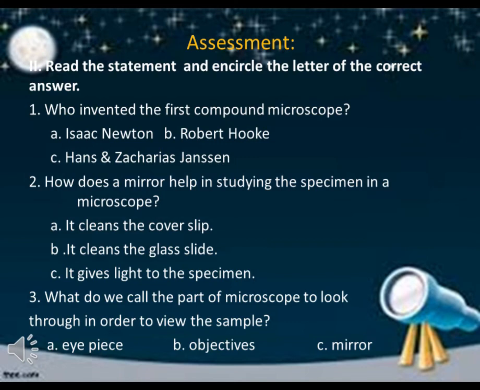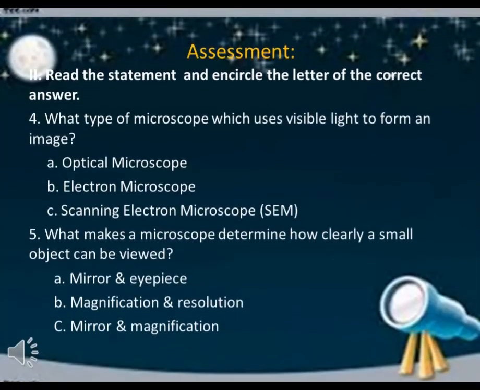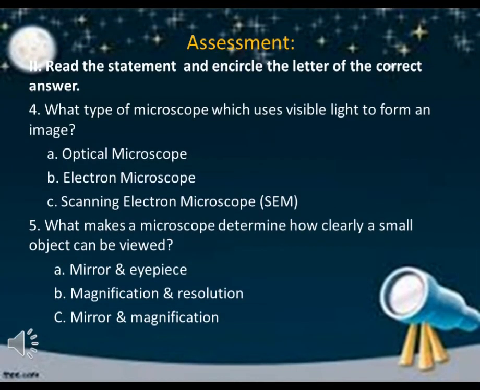Number 3. What do we call the part of the microscope to look through in order to view the sample? A. Eyepiece. B. Objectives. C. Mirror. 4. What type of microscope uses visible light to form an image? A. Optical microscope.